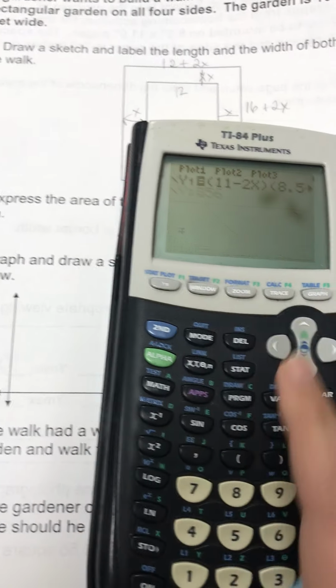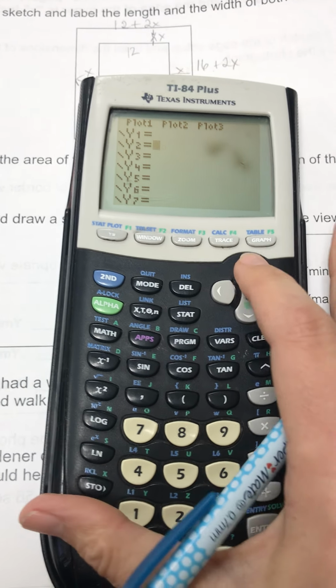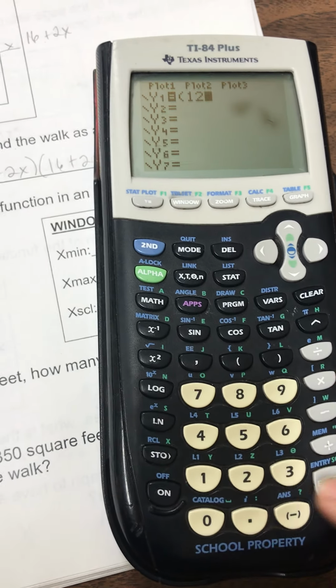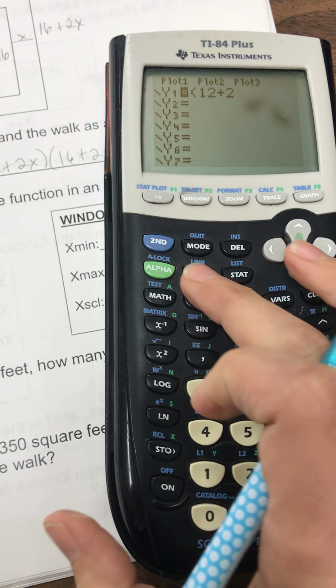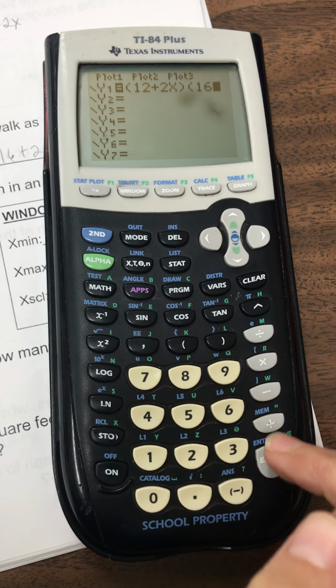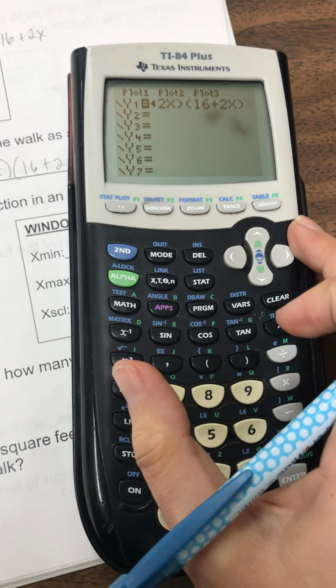We're going to put that in y equals. Clear all that out. Parentheses, 12 plus 2x, in parentheses. Parentheses, 16 plus 2x, in parentheses.